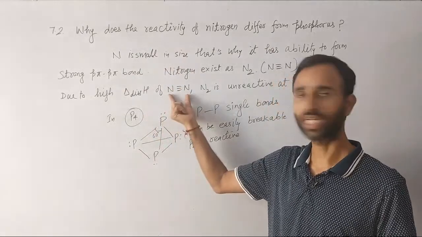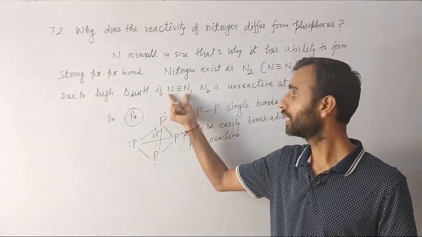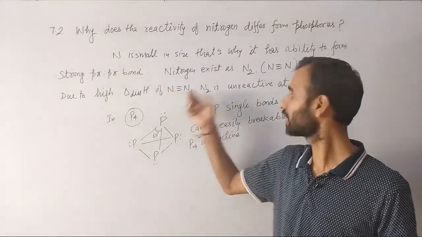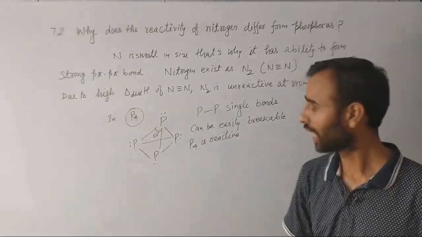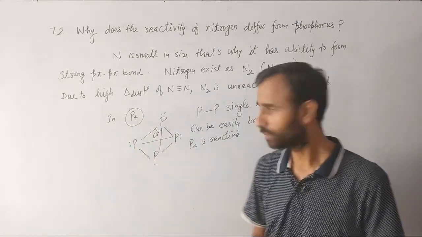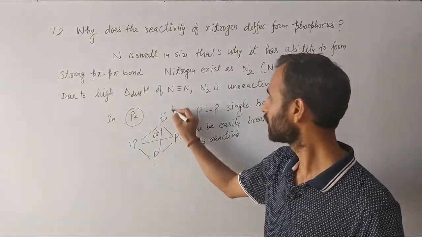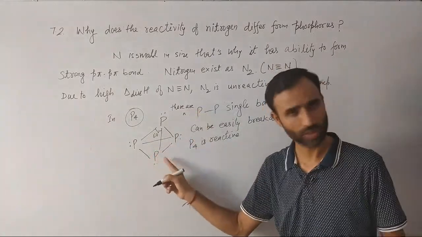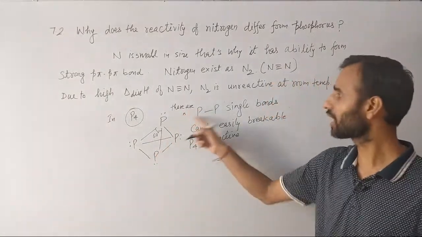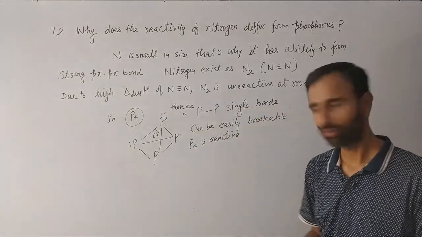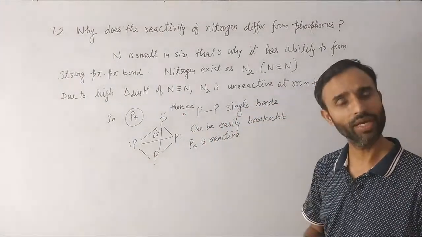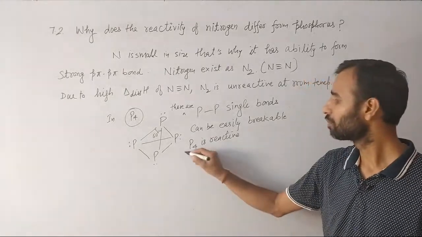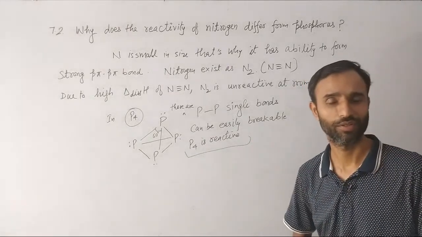So nitrogen exists as N2, and that's why it is difficult to break this bond, and that's why it is unreactive. And in case of P4, you can write this structure and you can write there are P-P single bonds which can be easily broken, and that's why P4 is reactive. That's it.